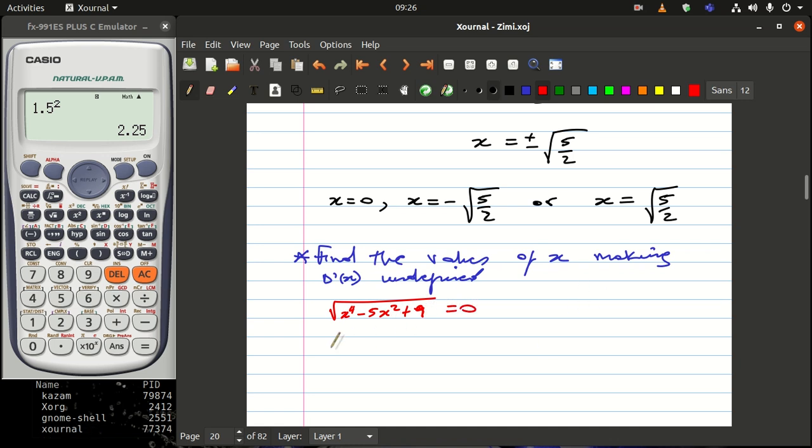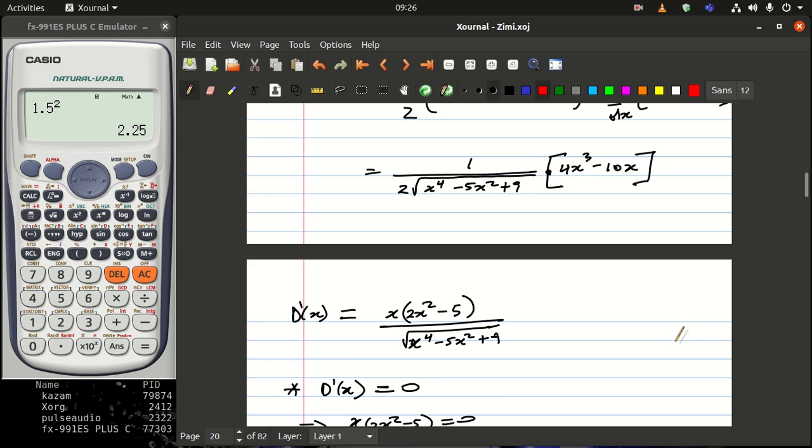We're looking for this, but x to the power 4 minus 5x squared plus a 9 is greater than 0 for all x.